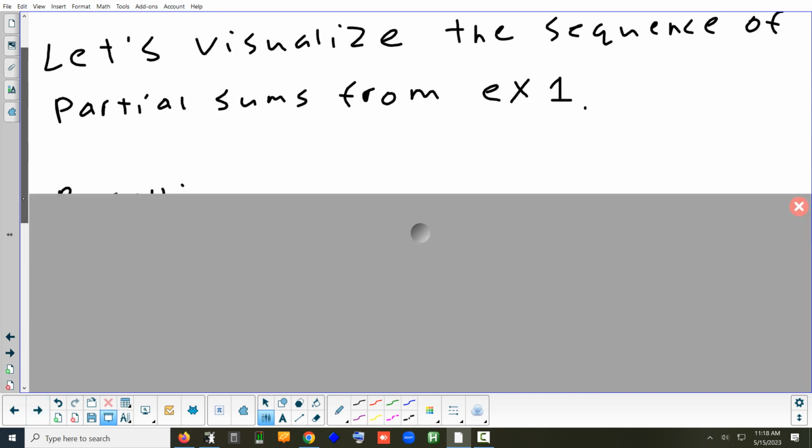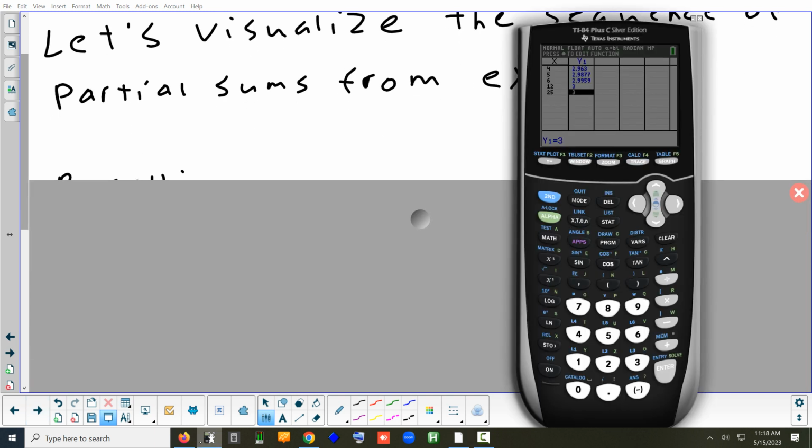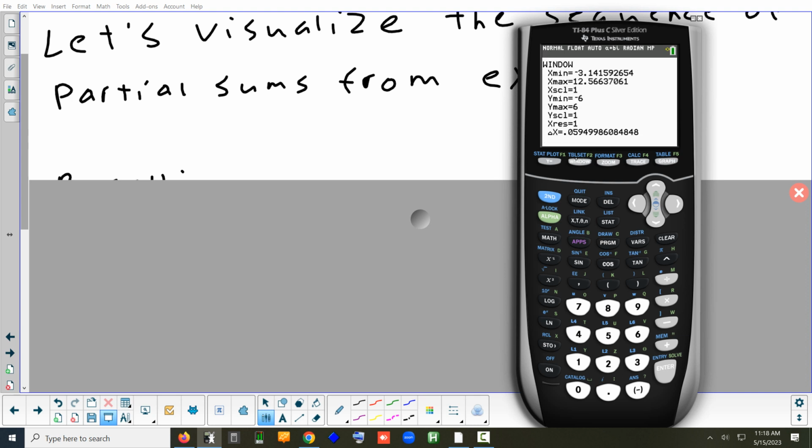All right, so we already kind of did the visual. I can hit graph if you want to see it. Let's see. It doesn't make sense to look at negatives. Let's set our y max at like 4. And you don't really want to visualize this as being connected. You would want to visualize it as dots.